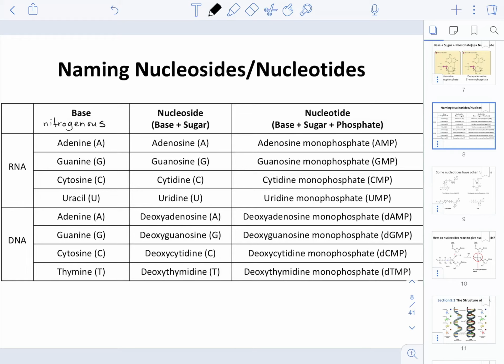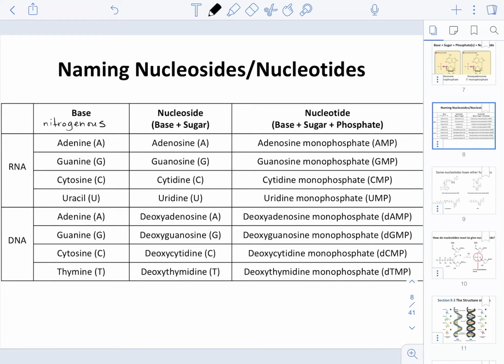But in the case of RNA, uracil is present, and in the case of DNA, thymine is present. Now, if that nitrogenous base is bonded to sugar, then understand that the name changes. I will suggest that you just memorize those names because there is not a systematic way of naming nucleosides.